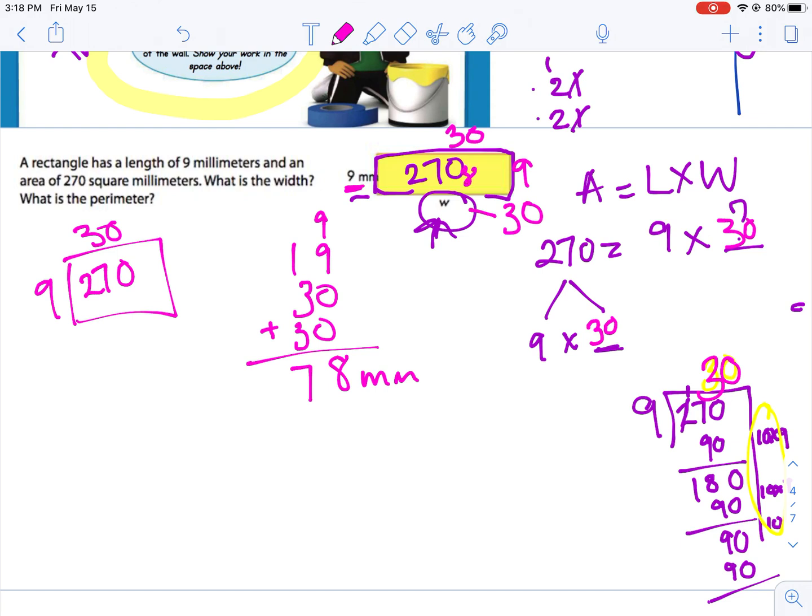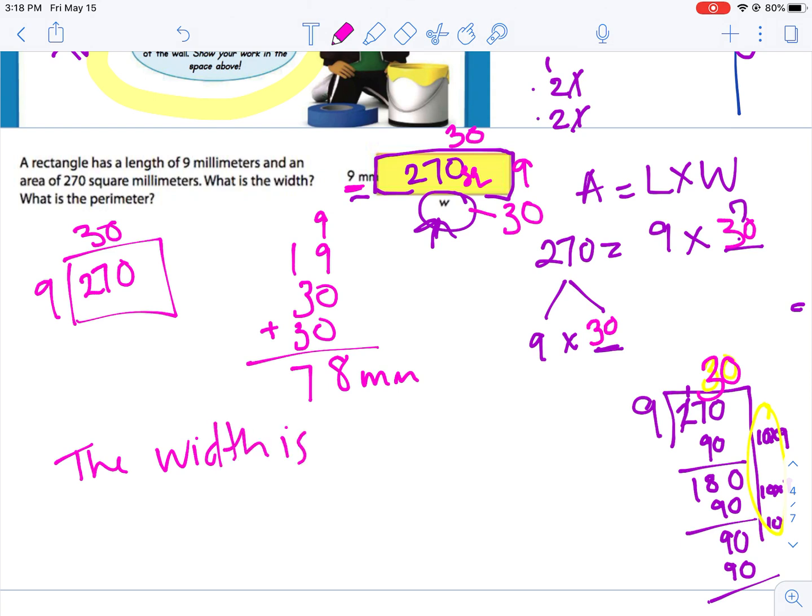And the area over here is squared, remember? And so when you know one, you can use the knowledge that you have about what an area and a perimeter is to figure this out. So the question was, what is the width?